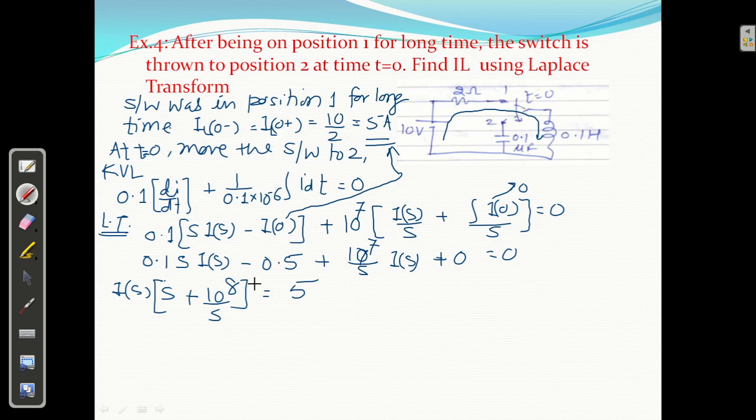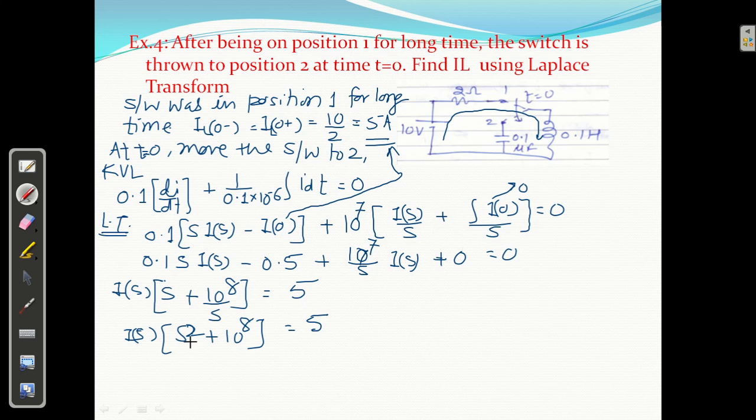So I of S times the bracket S square plus 10 raised to 8 upon S equal to 5.